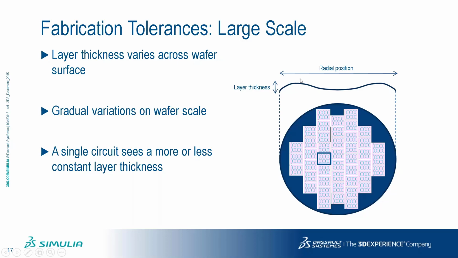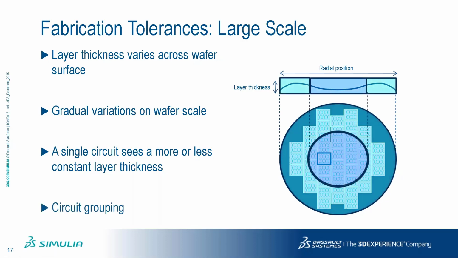This means that you can address the effects of the large scale variations by defining different groups in different areas on the wafer. You might design one circuit in the center one way, and then the circuits on the outside, you know they're going to behave differently. You're going to adjust for that in the design process already.